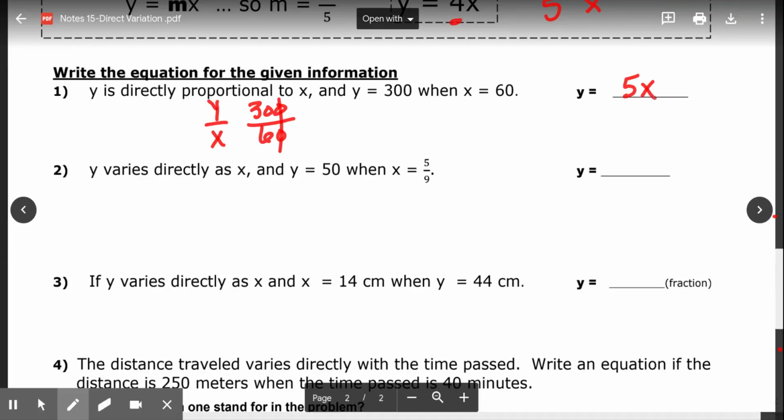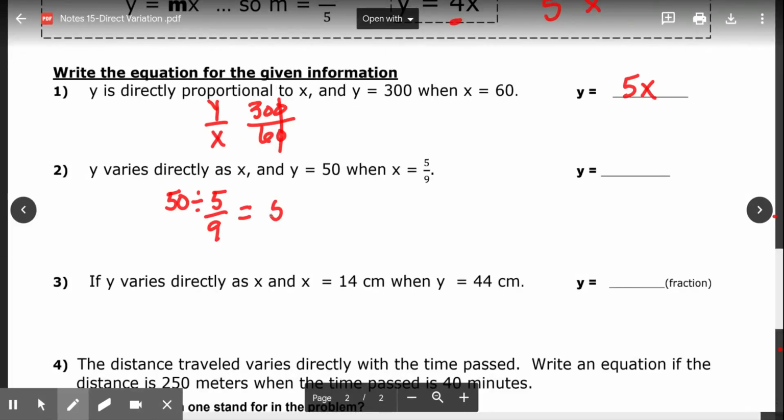Number 2, y varies directly as x, so this would be 50 divided by 5/9. Now you could always put that in your calculator, of course, but if we're doing this by hand, this is also keep, change, flip.